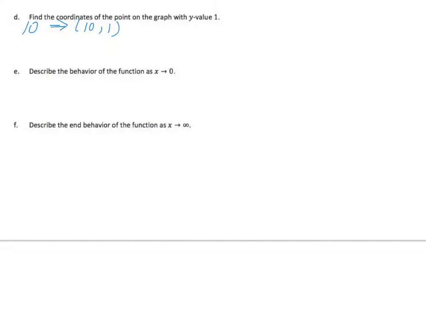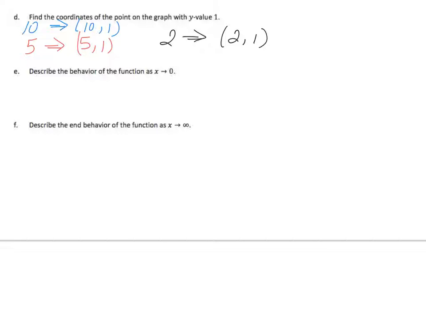For log base 5, if you look, the coordinate where the y value is 1 is at 5 comma 1. And then for log base 2, the coordinate where the y value is 1 is at 2 comma 1. There's a cool pattern, right?